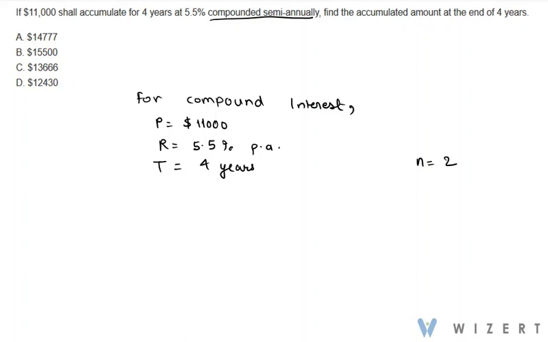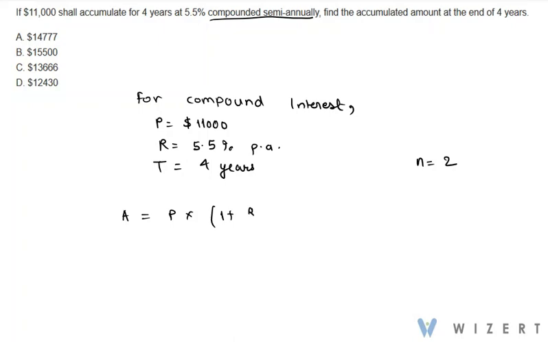Now, for semi-annually compounded interest, the rate will change as follows. Amount equals P into 1 plus rate by 2. Since it is compounded semi-annually, N is 2, so the rate will change by 1 by 2.